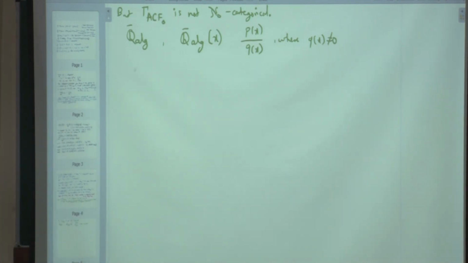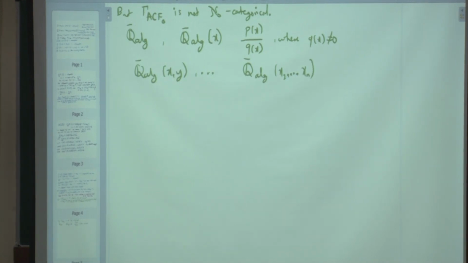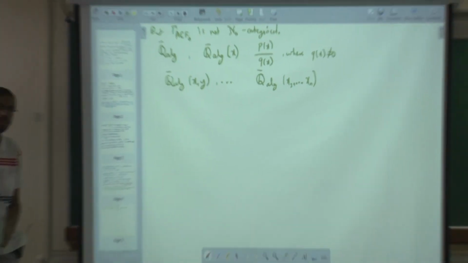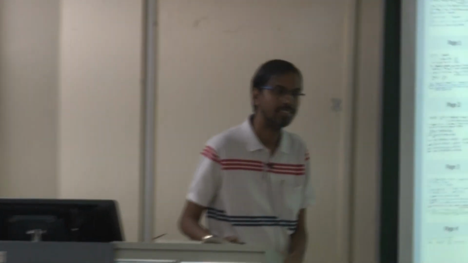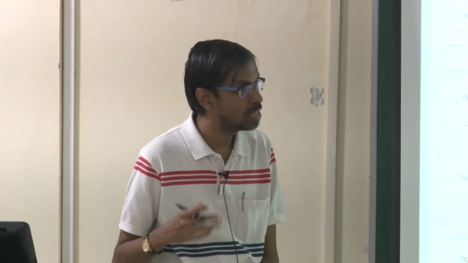Similarly, I can always attach another variable and say Q bar alg (x1, x2, ..., xn) for any n variables. So you take polynomials in n variables, take their quotients, rational functions, and that is also an algebraically closed field. So these are different algebraically closed fields.